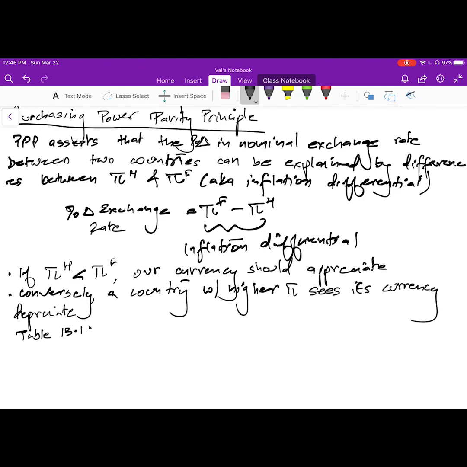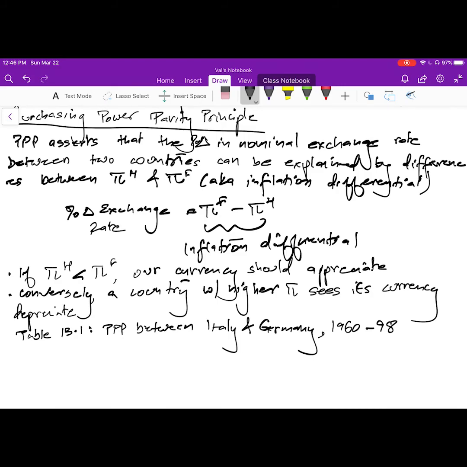Here they compare purchasing power parity between Italians and Germans right before they joined the European Union. Purchasing power parity, Italy and Germany, from 1960 to 1998.